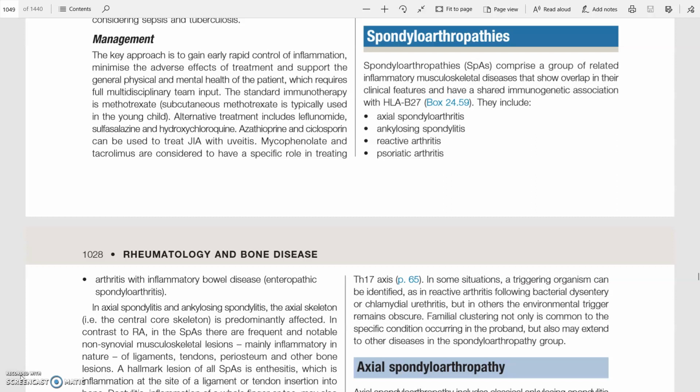So whenever there is any variation in the alleles or in the genes related to HLA-A, HLA-B, or HLA-C, we will know that there is a change in MHC 1.